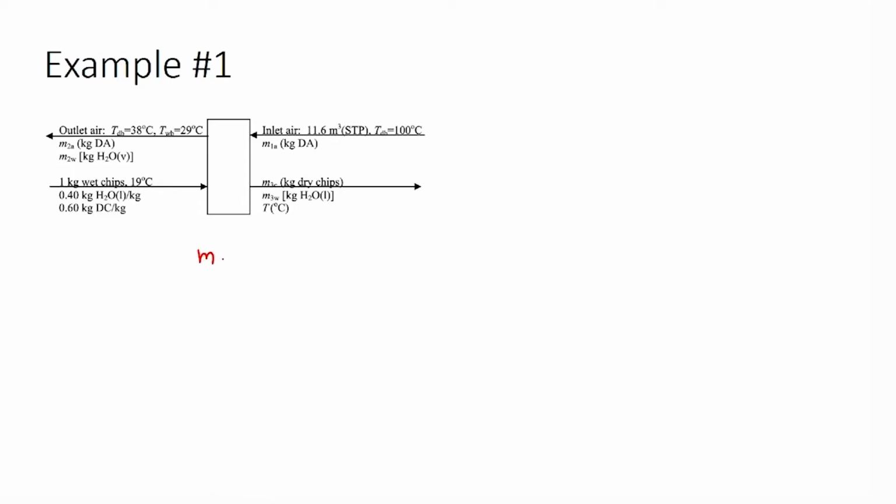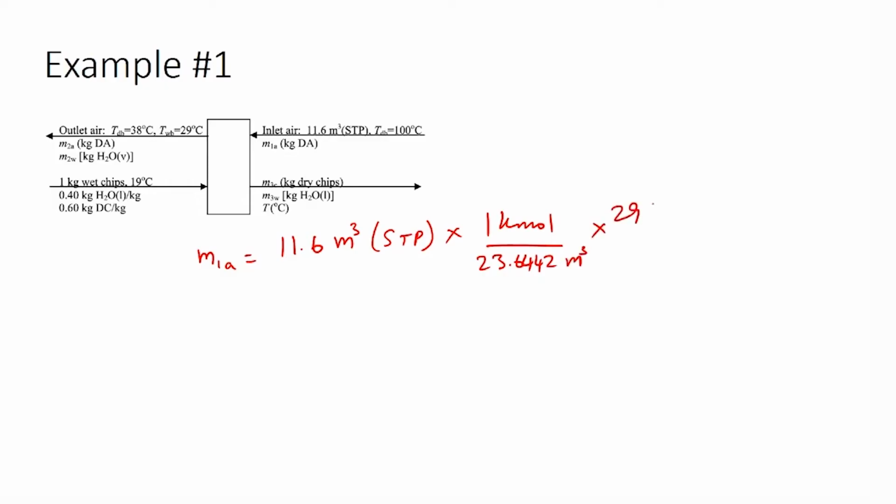The mass of air entering, which is M1A, equals 11.6 meter cube STP times 1 kilomole divided by 23.6442 meter cube, times 29 kilograms per kilomole.